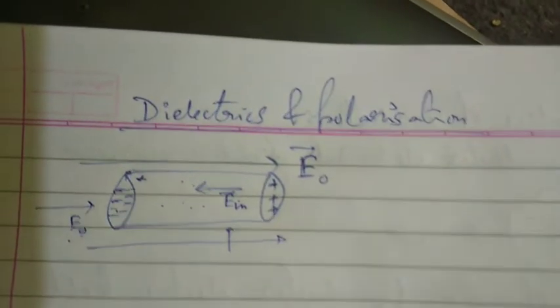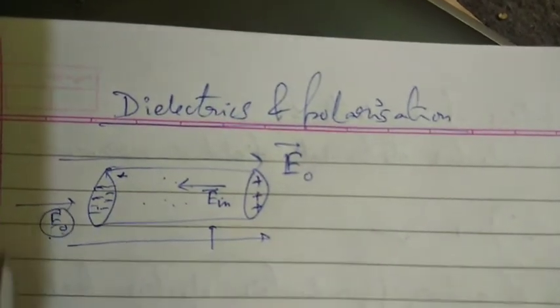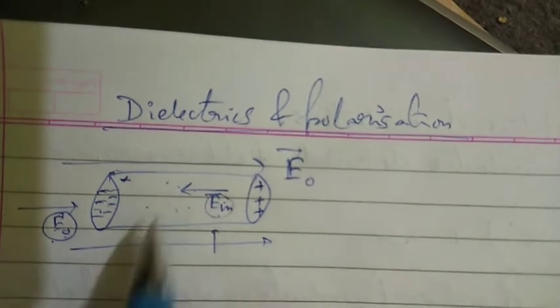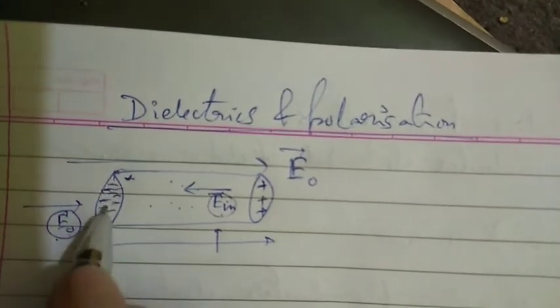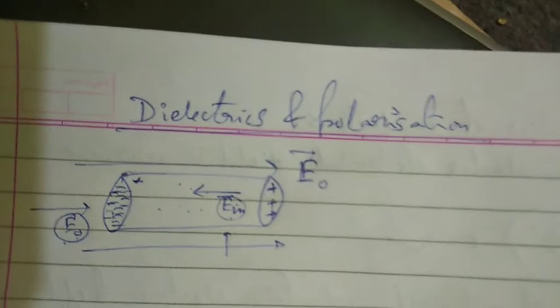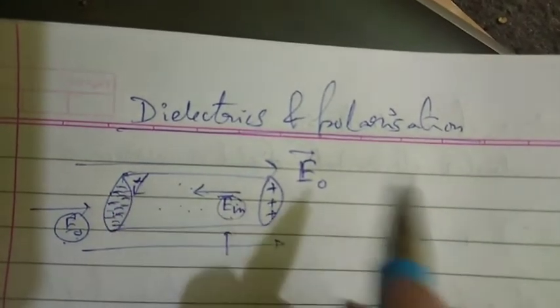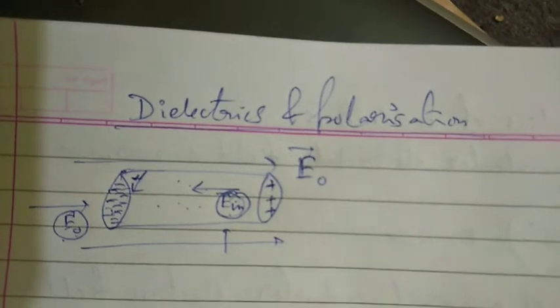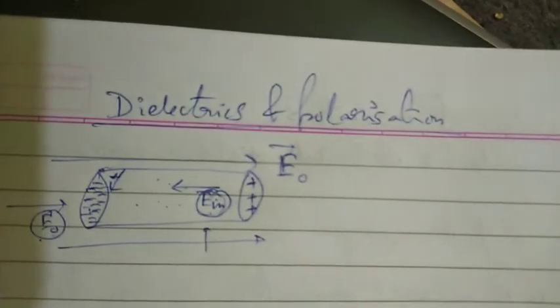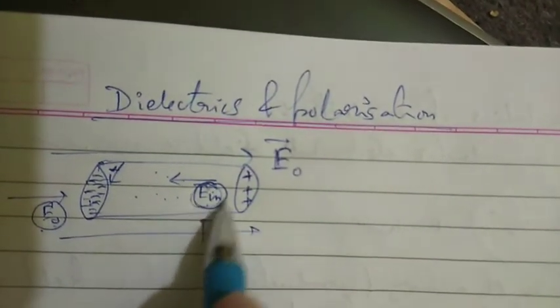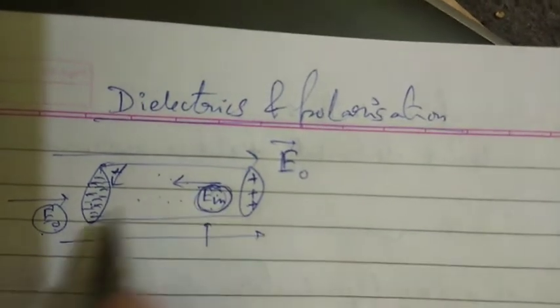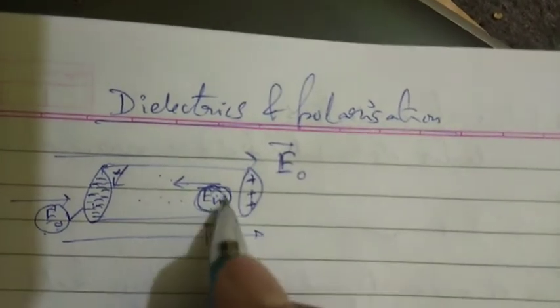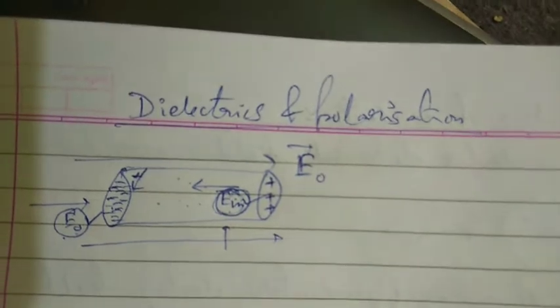So now as long as this external electric field is greater than the internal electric field, there will be more accumulation of charges. Now with more accumulation of charges, the internal electric field will increase. As it goes on increasing, after a certain time the external and the internal electric field become equal and opposite.